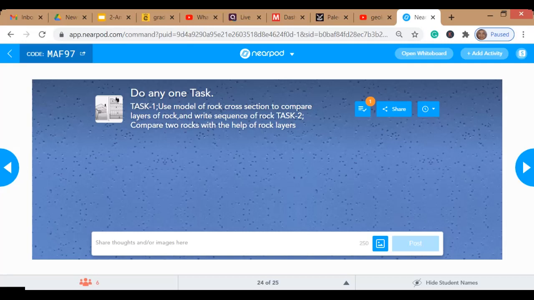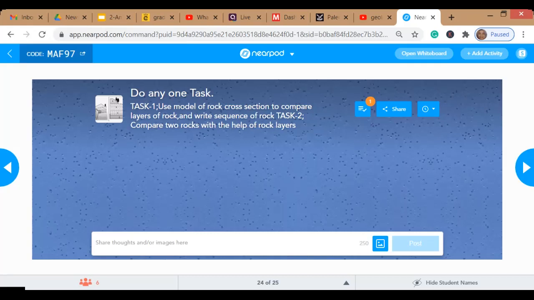The first question is you need to use the model of the rock cross section. Cross section means cutting the rock from the side so that you are able to see the layers. Now you need to compare two rocks. In comparison, you will see how many layers each rock has, which one has more layers, and which is the oldest and which is the new rock.